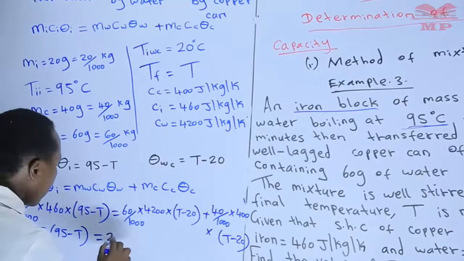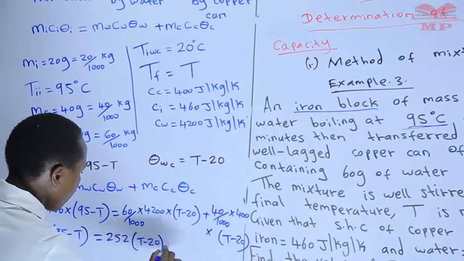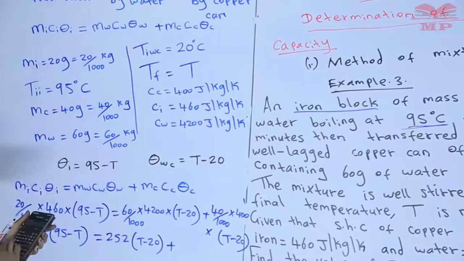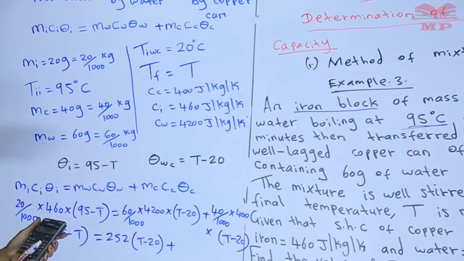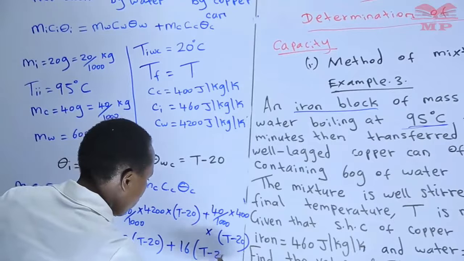You get 252 into bracket T minus 20. Plus finally we have 40 divided by 1,000 multiplied by 400. We get 16 into bracket T minus 20.